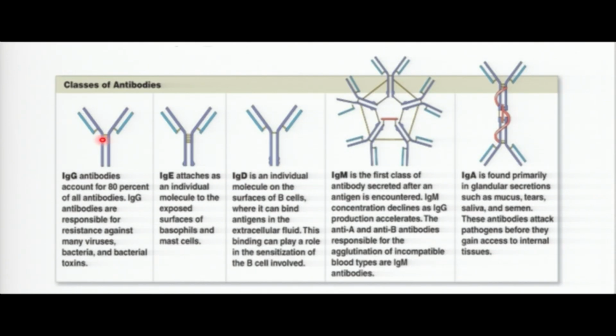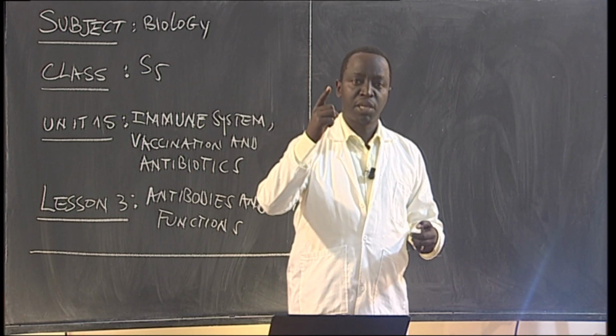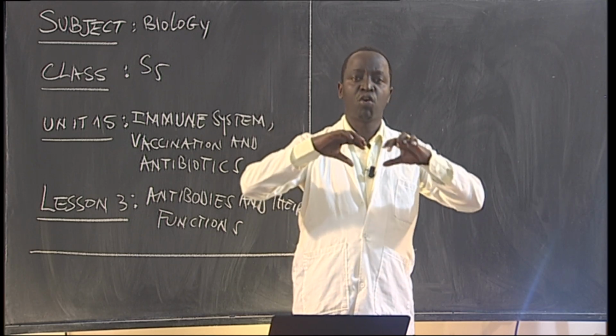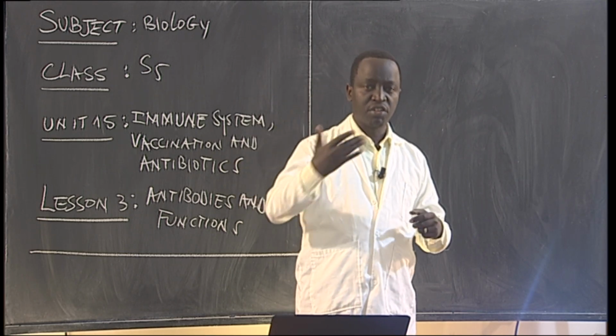This is immunoglobulin D. You see how it looks like? We have also this immunoglobulin E. We have immunoglobulin D, this one. And then we have this one, which is very complex. It is IgM, this is immunoglobulin M, and then A. So this antibody accounts for 8% of all antibodies. It means this immunoglobulin D consists of 8% of all antibodies we are having.